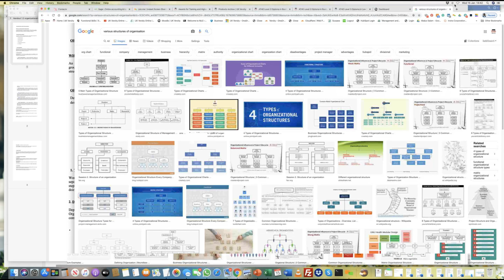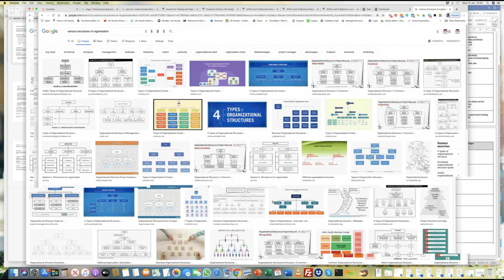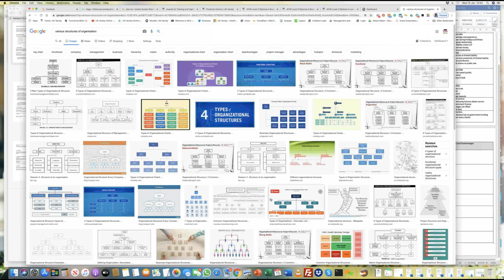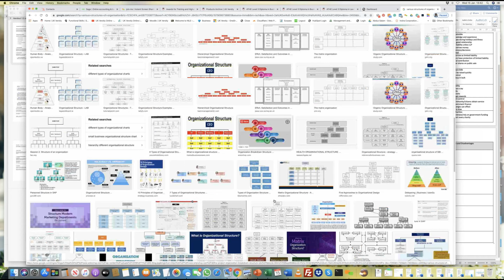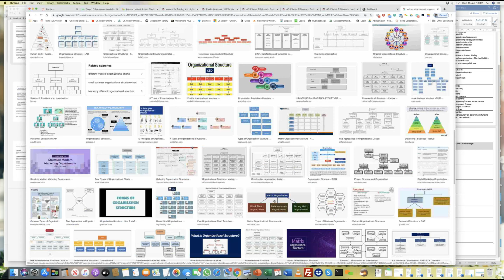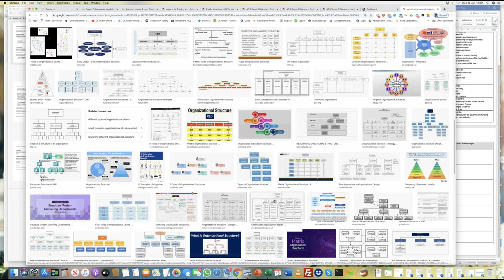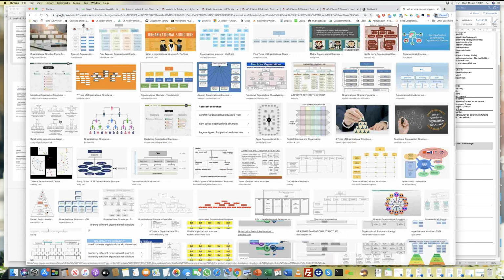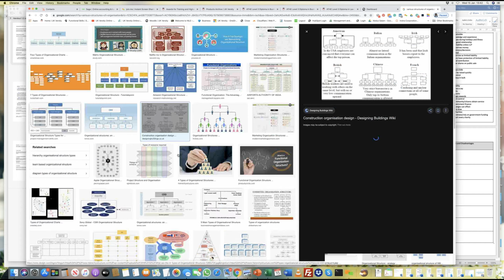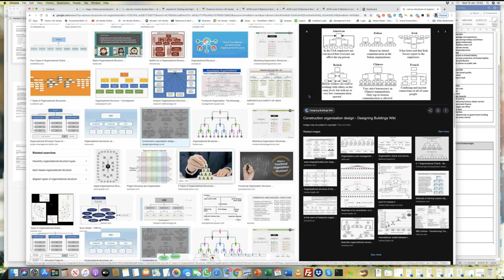There are 4 basic types, and they can then also be clubbed into other types on the basis of combining some of these structures. So say, for example, we want to look at the 4 different types of structures. And if I just pick out an appropriate image, let's look at this one.